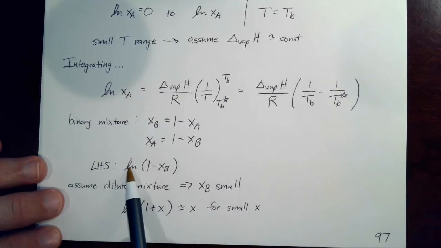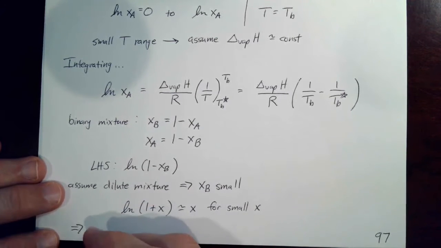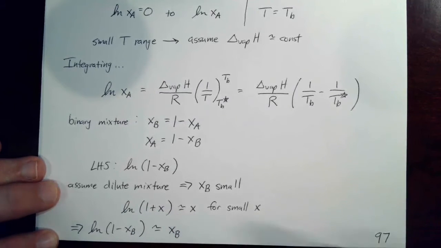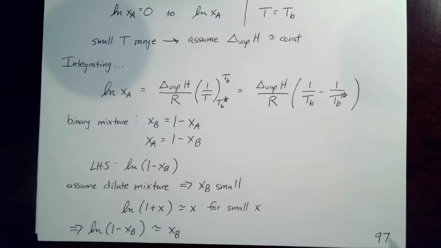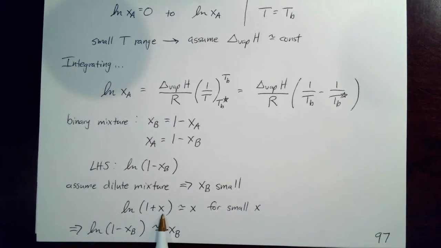So if I make that change up here, I get that the ln of 1 minus xb is approximately equal to negative xb, since xb is small because we have a dilute mixture. This is plus x, so here my x is actually negative xb. So the left-hand side becomes negative xb for a dilute mixture.